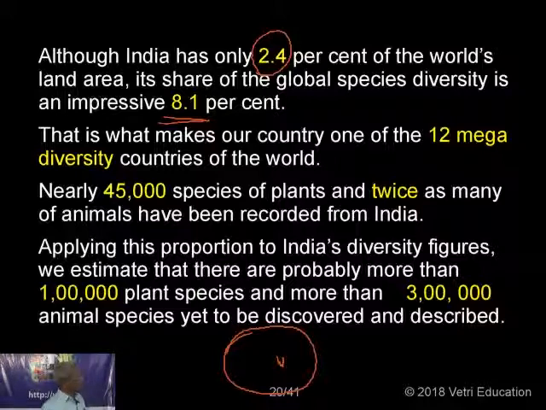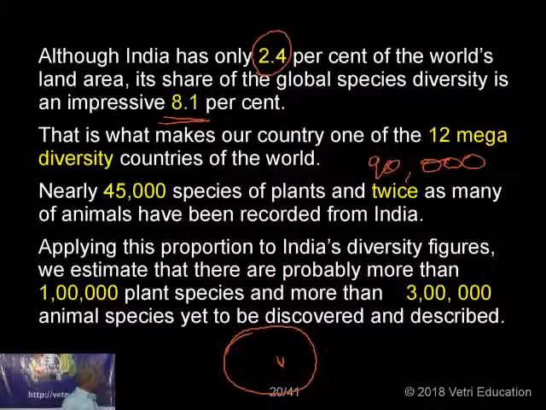Nearly 45,000 species of plants and twice as many of animals, that means 90,000, have been recorded from India. Applying this proportion to India's diversity figures, we estimate that there are probably more than 1 lakh plant species and more than 3 lakh animal species yet to be discovered and described.